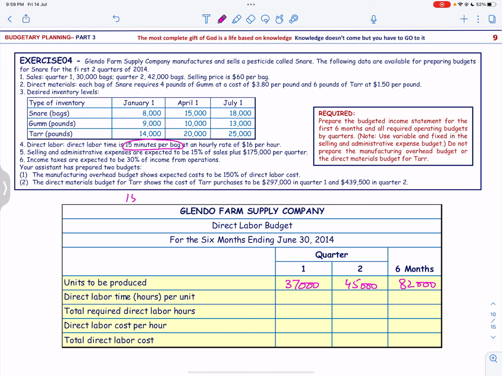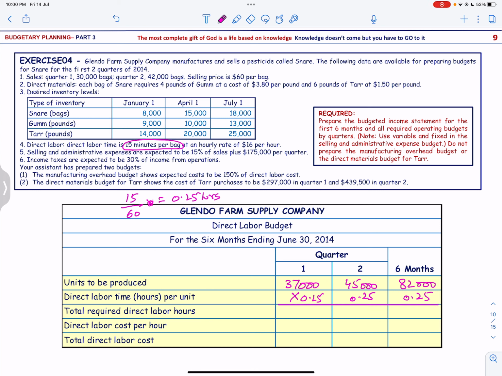Now 15 minutes per bag means, if we convert into hours, this will be equal to 0.25 hours. So first of all we will multiply this by 0.25, and this will give us the total direct labor hours.